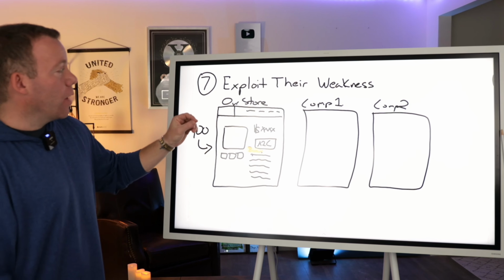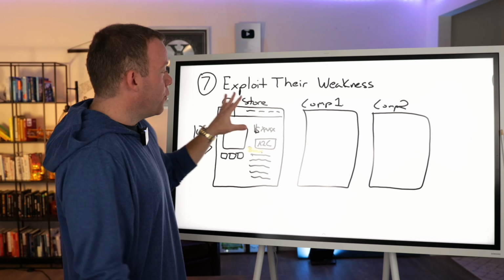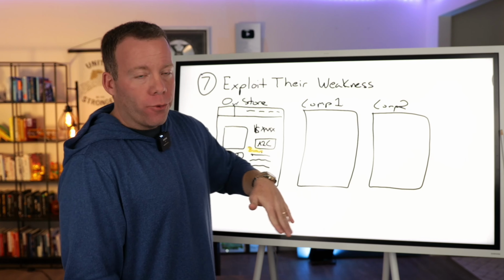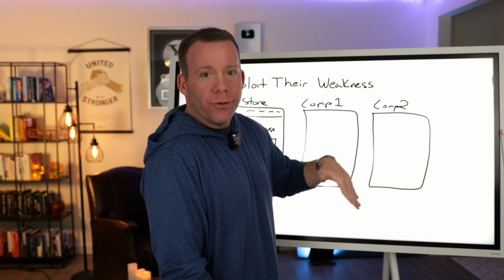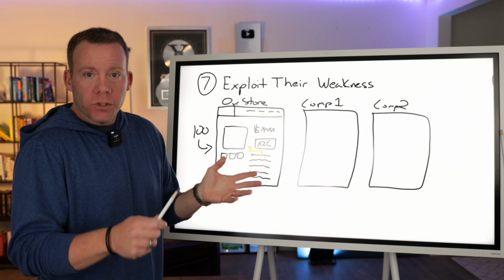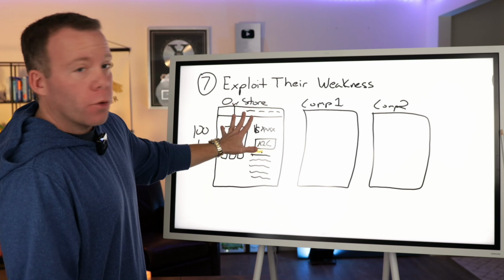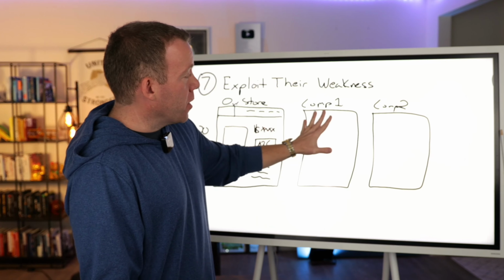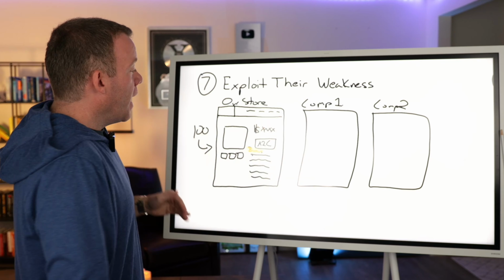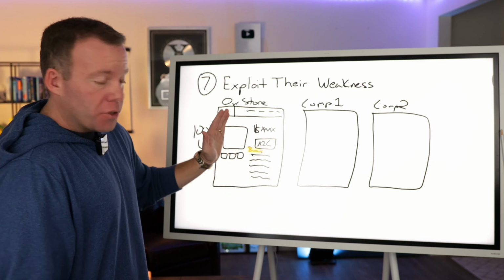But the other things that I want you to look at is even if you are a brand new store, let's say you're 1 month old, and competitor 1 has been around for 3 years, and competitor 2 has been around for 10 years, what I want you to do is on your actual computer, if you use multiple monitors, have your store pulled up on one of them, have your competitor's store pulled up on the other. If you have one monitor, just go split screen and look at everything that they have versus that you have.